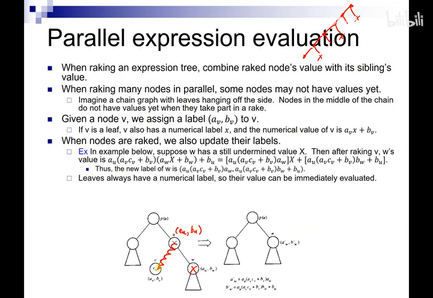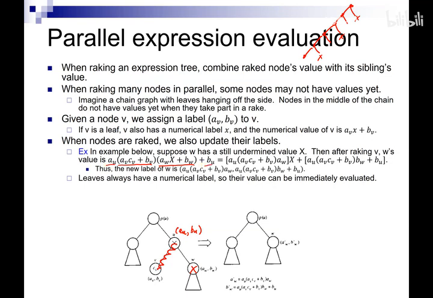In other words, on the left here the actual value is going to be AV times V plus BV, and we multiply that by the value on the right, which is AW times X plus BW. That gives us this numerical label over here, but then you need to multiply this by AU and then add BU.